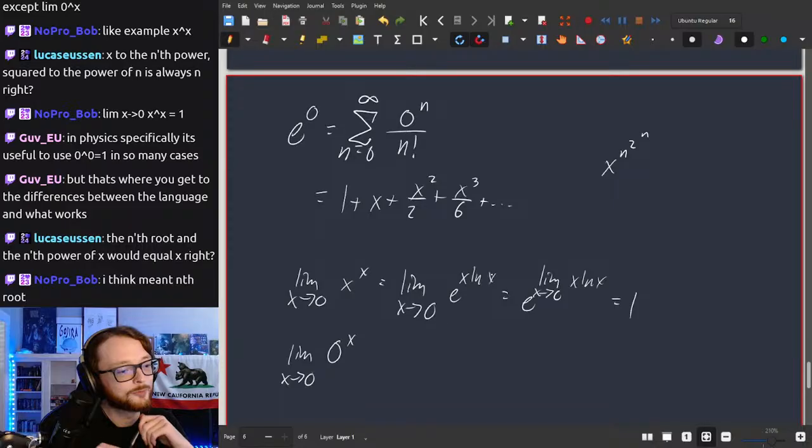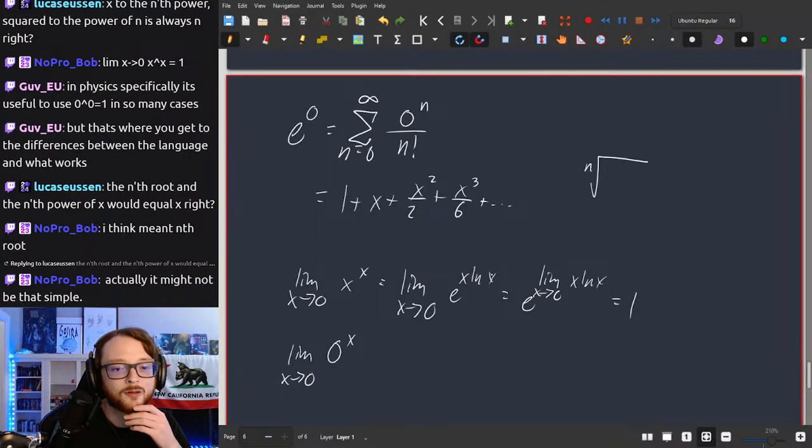The nth root. The nth root and the nth power of x. Oh. It's like the nth root of x to the n? Or also like x to the n over n, you could say.